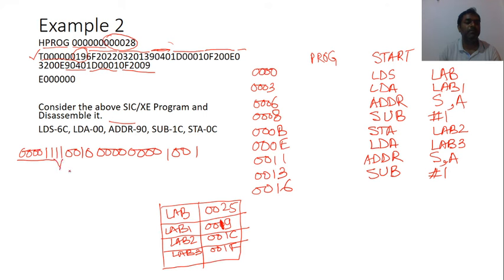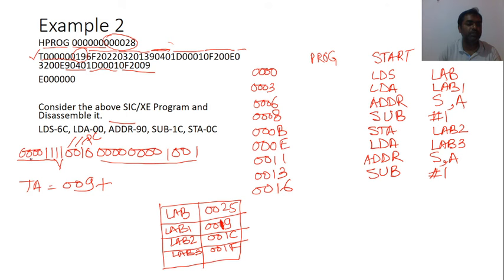Ni is 11, that means there is direct addressing. X is 0, B is 0, P is 1, that means PC relative addressing, and E is 0, and this is our displacement. Now I have to find out the target address. Displacement is 009, and now you can see plus the content of PC.